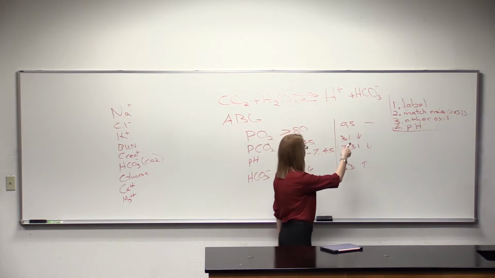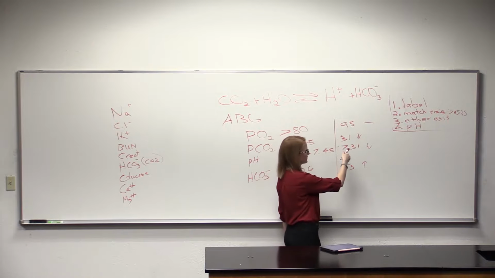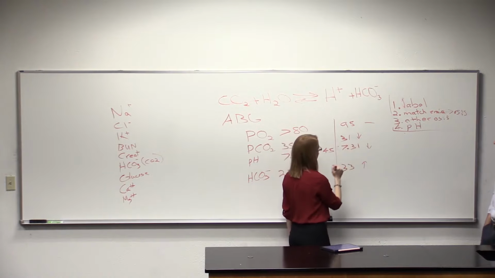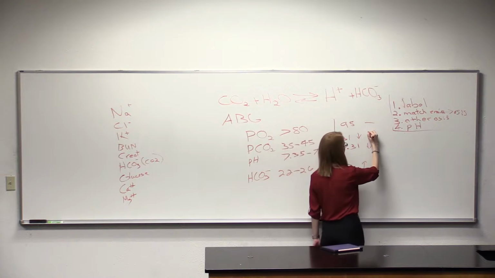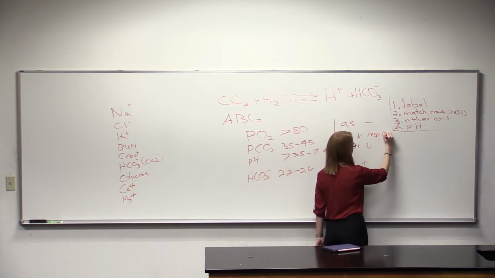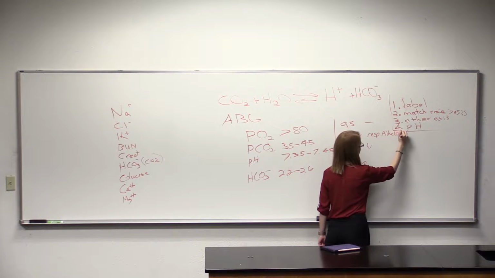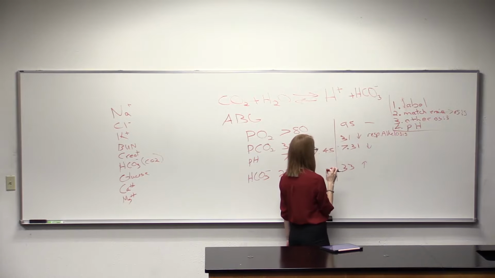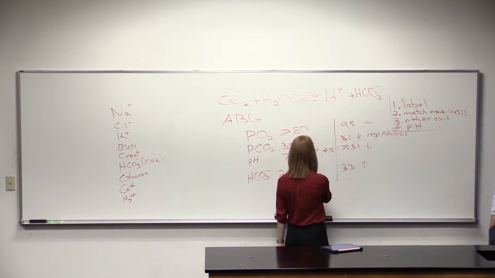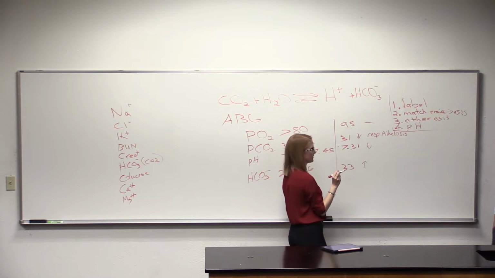So this would be respiratory alkalosis. Carbon dioxide is acid, its level is low, so respiratory alkalosis. The pH is more acidic, so acidemia.